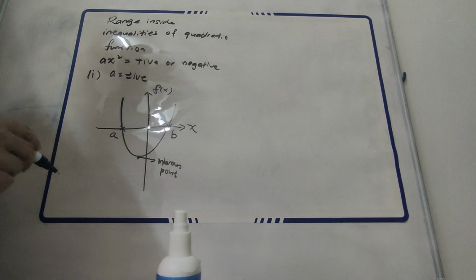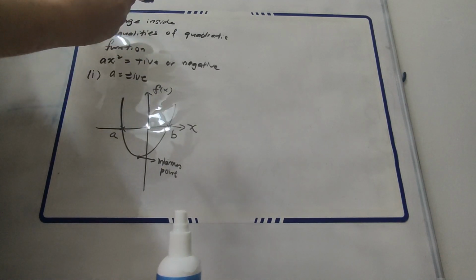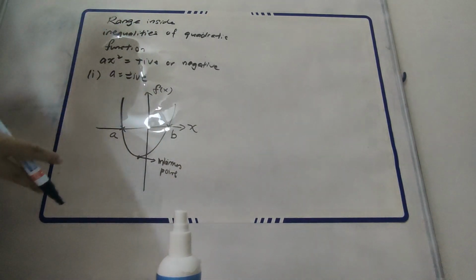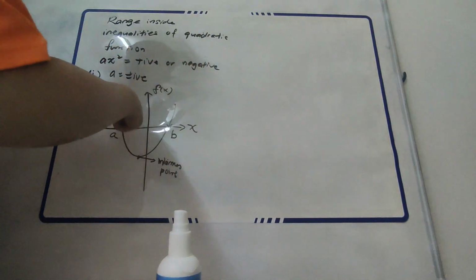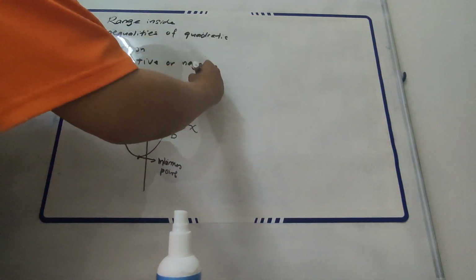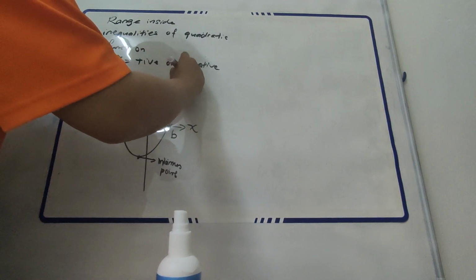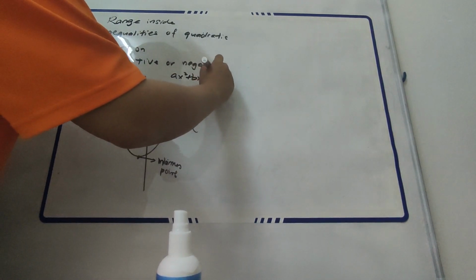Okay, so to find the inequalities, you have two cases for this quadratic function minimum curve, where you have f(x) equals ax squared plus bx plus c.